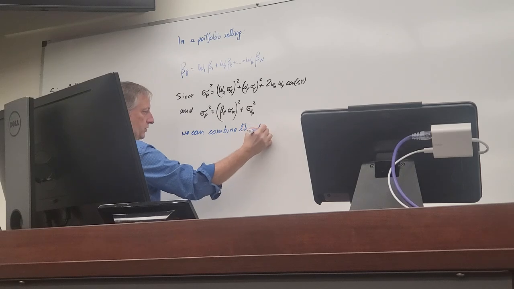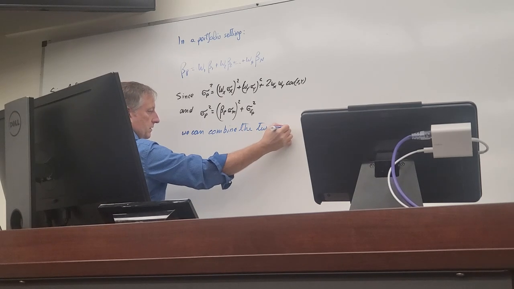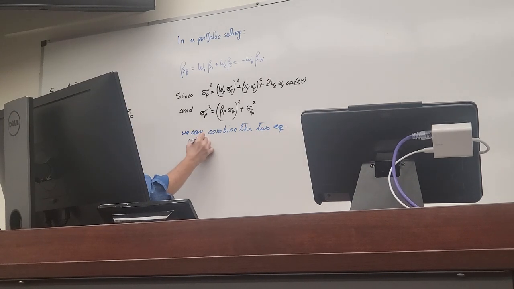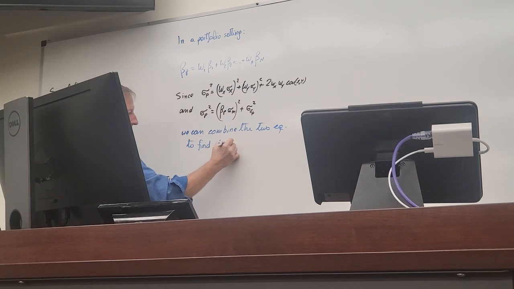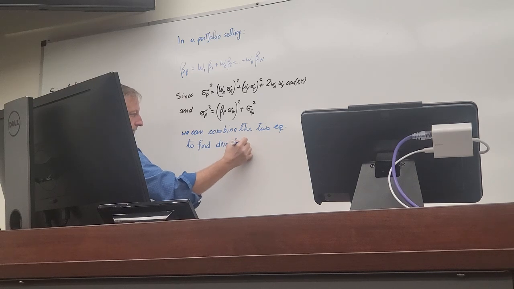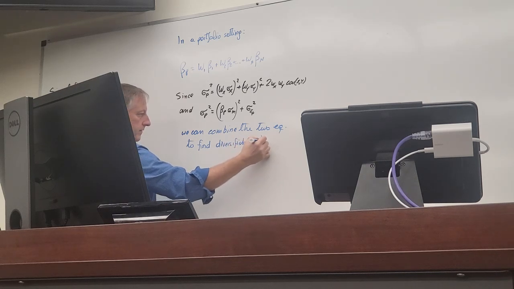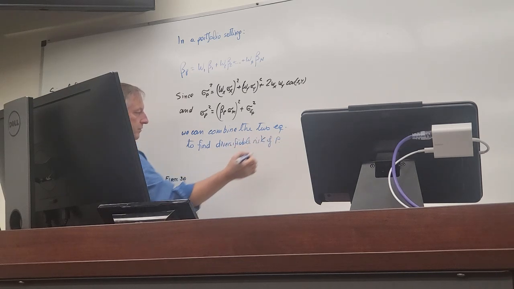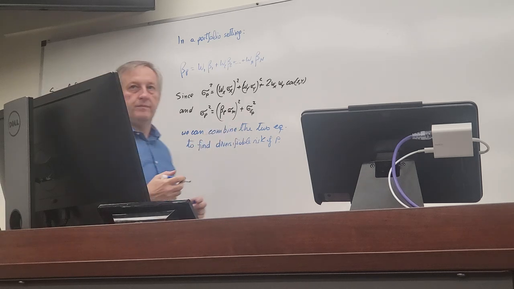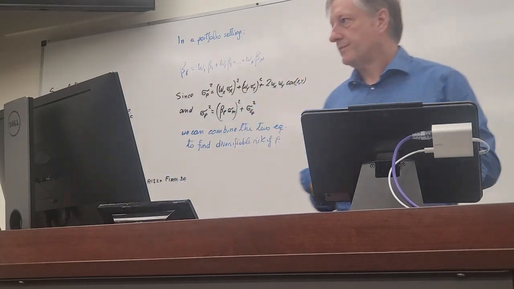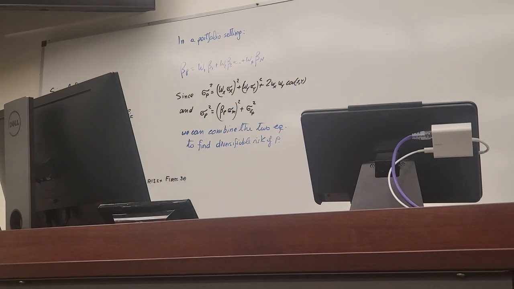You can combine the two equations to find the diversifiable risk. So you can find this guy. Okay? So those were all the applications that we did last time. Questions?